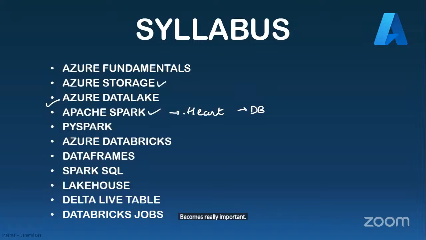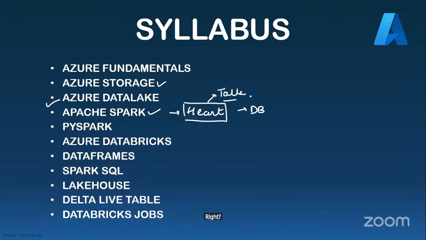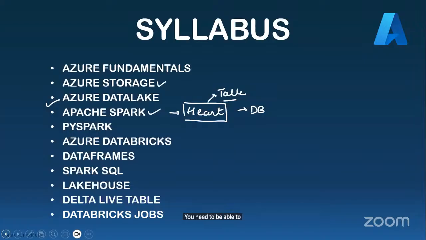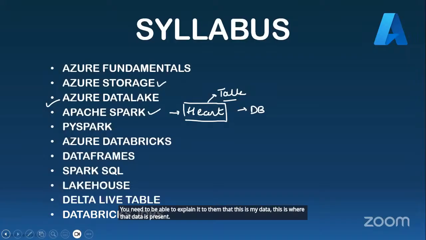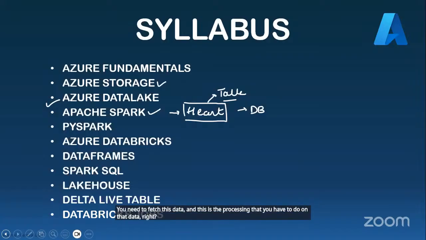Now, if the heart is there, how do you talk to this heart? You need to talk to the person also. You need to talk to their heart. Whatever compute cluster will be created, you need to be able to explain to it that this is my data, this is where that data is present. You need to fetch this data, and this is the processing that you have to do on that data. These are the columns.